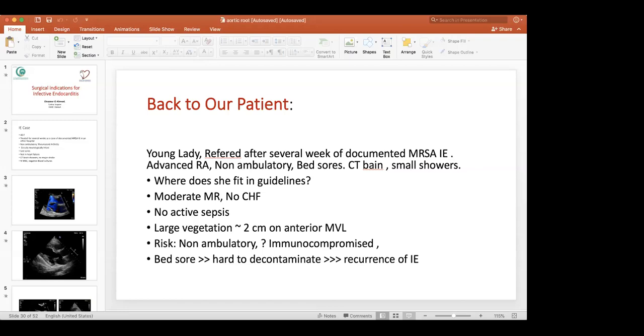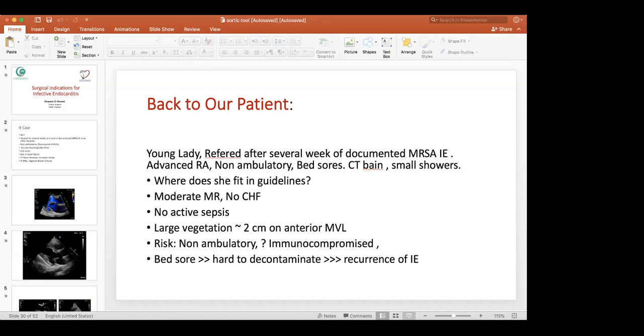Okay, but that size of vegetation is not a strong indication to take her for surgery. Persistent sepsis despite antibiotics is an indication, but a persistent vegetation with antibiotics is not a strong indication. We need to elaborate more on whether she will tolerate surgery or not, because she has rheumatoid arthritis.